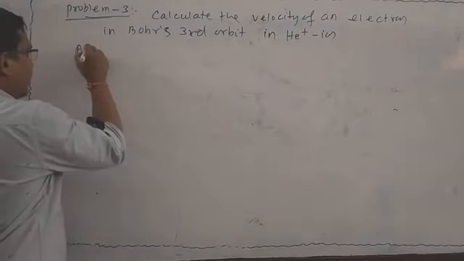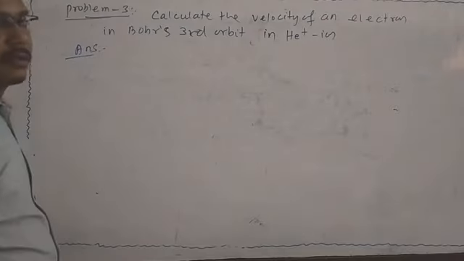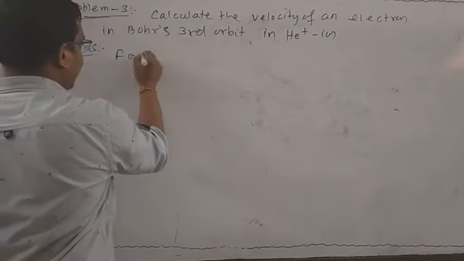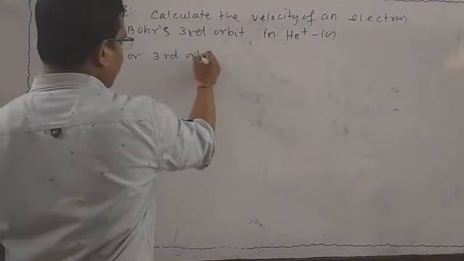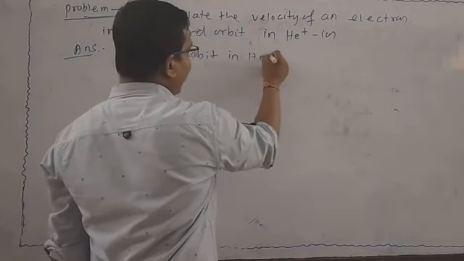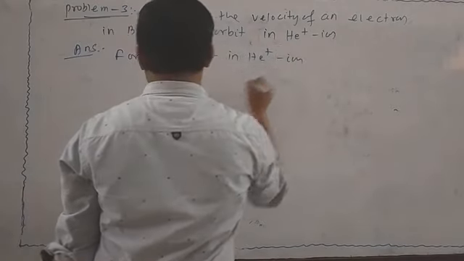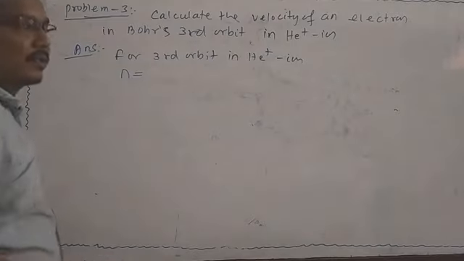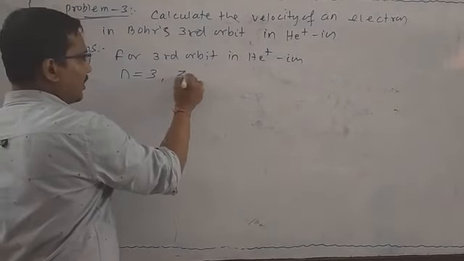And what will be the answer? For third orbit in He plus ion, N is equal to what? 3. Z is equal to how much?